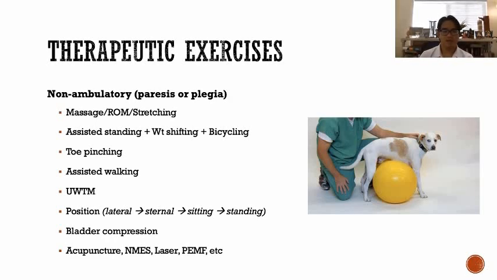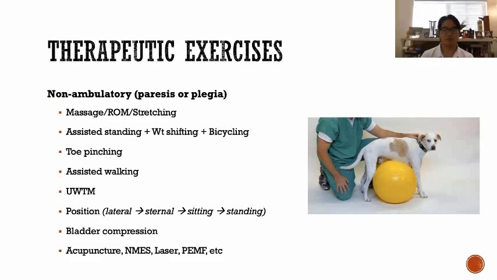Okay. At the same time, I might also add in toe pinching. So pinch the toe while the dog is standing. There are two benefits. One is that when the dog lifts one leg up, they may shift the body weight to the other leg, so it is beneficial for weight bearing training of the opposite limb. On the limb that you pinch, you will activate muscle contraction.